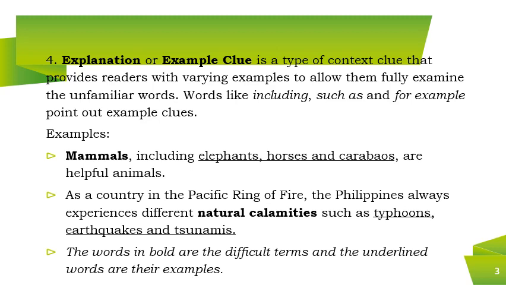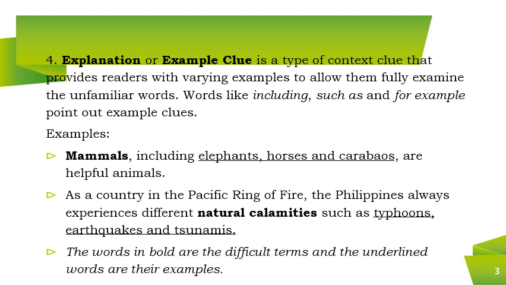Okay, next: as a country in the Pacific Ring of Fire, the Philippines always experiences different natural calamities, such as typhoons, earthquakes, and tsunamis. The unfamiliar term is natural calamities, and the examples are typhoons, earthquakes, and tsunamis.